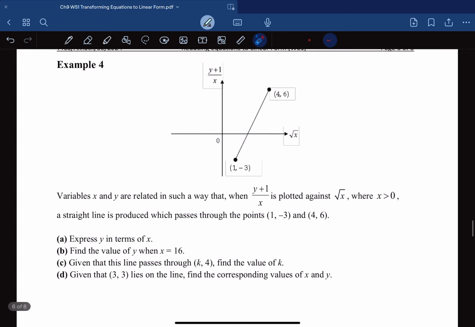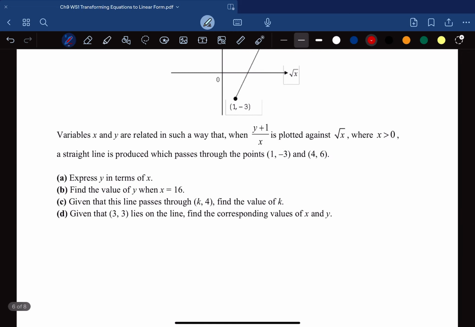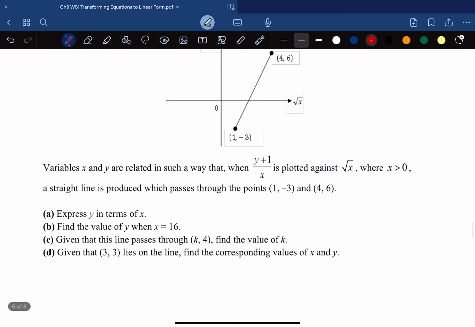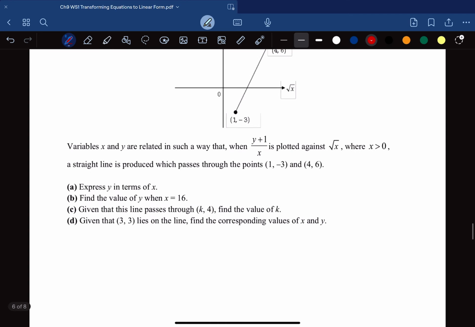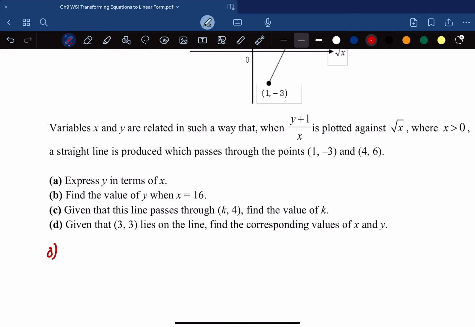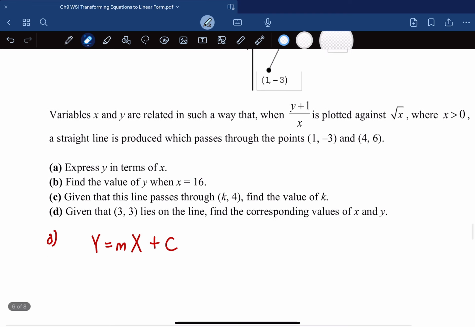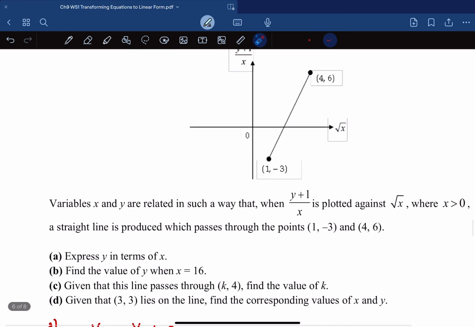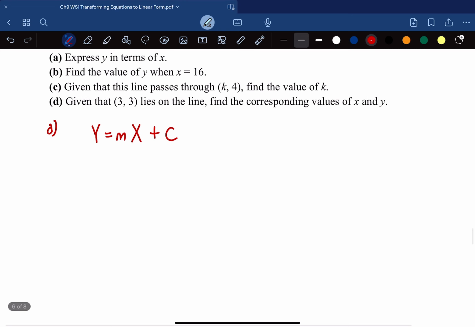So for this question, for part A over here, I can express this as such. Based on this graph, I know that for any straight line graph, I always have this standard equation, y equals mx plus c. So from here, we can first find out what's the gradient. I know 2 points on this graph, which are 4, 6 and 1, -3.